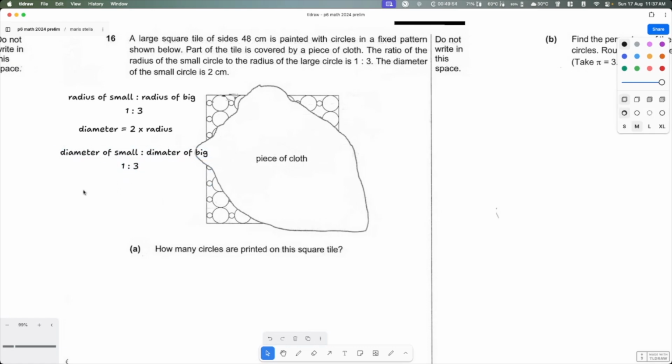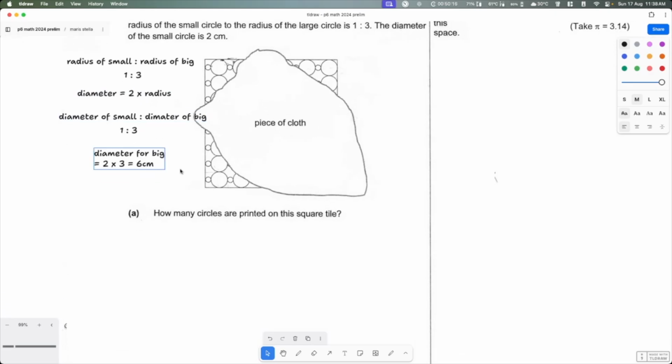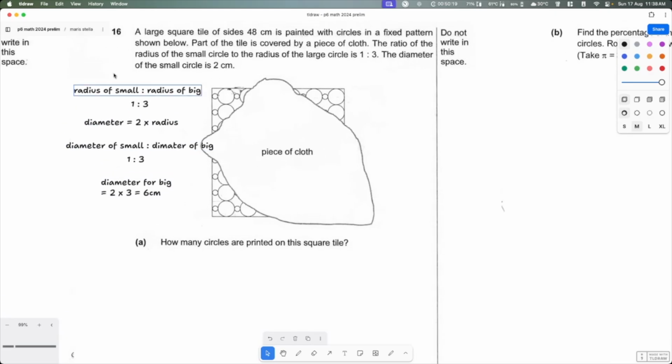So the diameter of the big circle is 2 times 3, which is 6 centimeters. That's something you need to know, because diameter is 2 times radius, so the ratio stays the same.